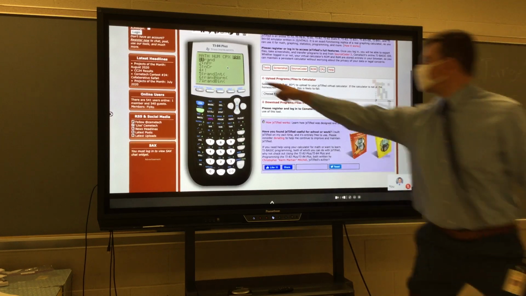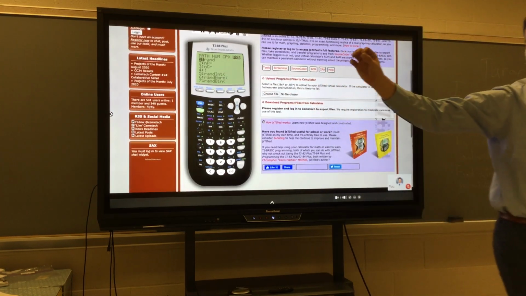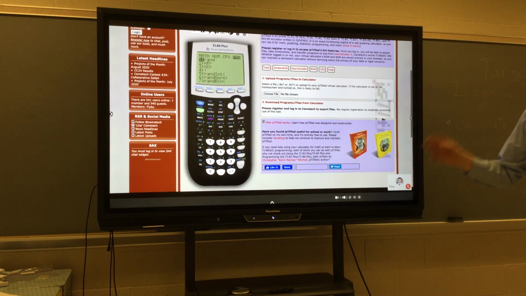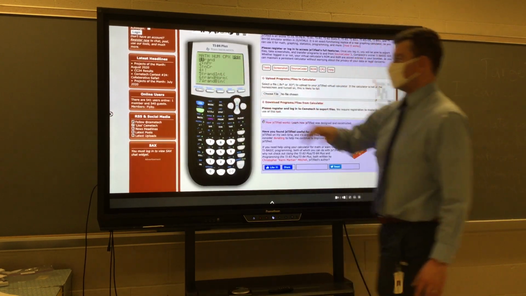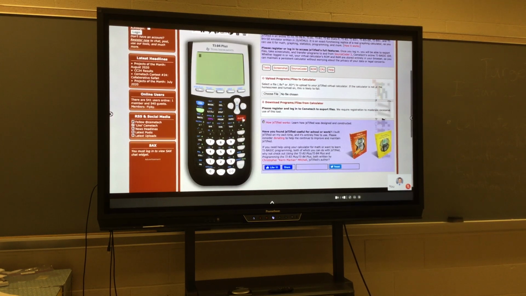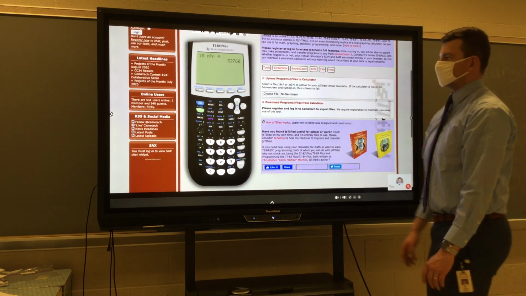You see numbers 2, 3, and 4: permutation, combination, and the factorial. Now, when you're entering a permutation or combination, you do need to put the n value first. Okay, so when we're talking about 15 student council members and president, vice president, secretary, treasurer, that was a permutation. So math, probability, number 2 for a permutation, selecting 4. Okay, so number, selection, and then number. Hit enter. 32,760 different possibilities.